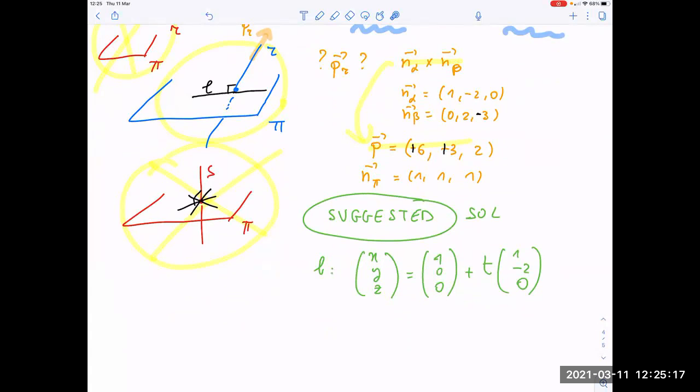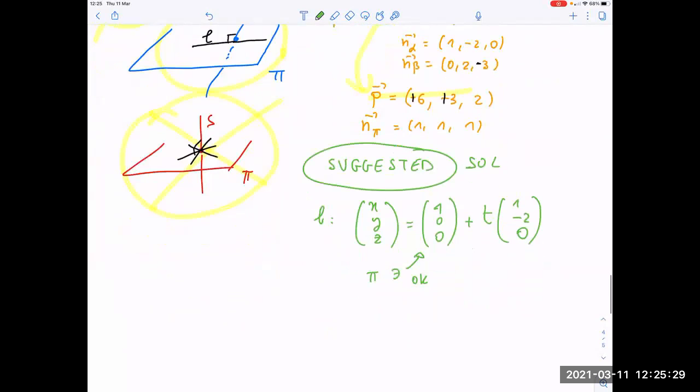Yes, it is, right? This belongs to plane pi, so this is okay. So in this suggested solution, we have point P, 1, 0, 0, and that's a point in our plane.